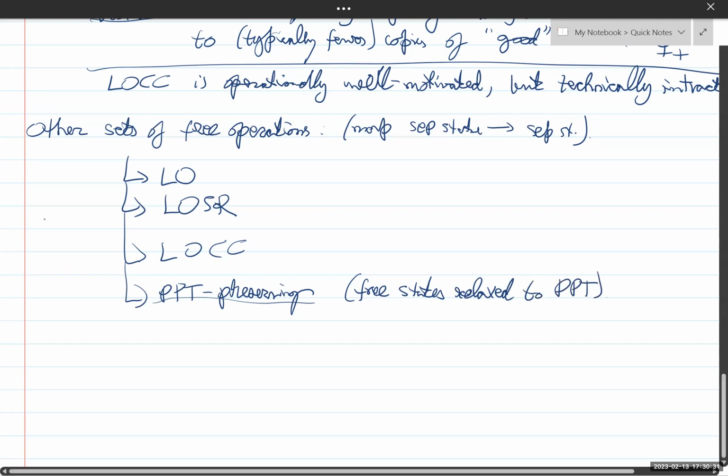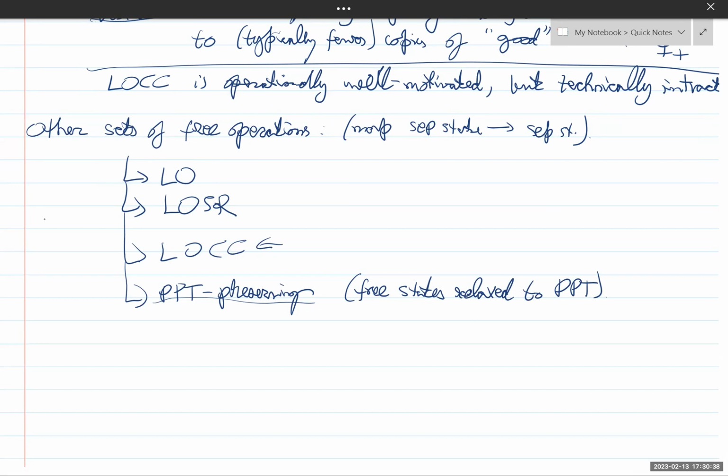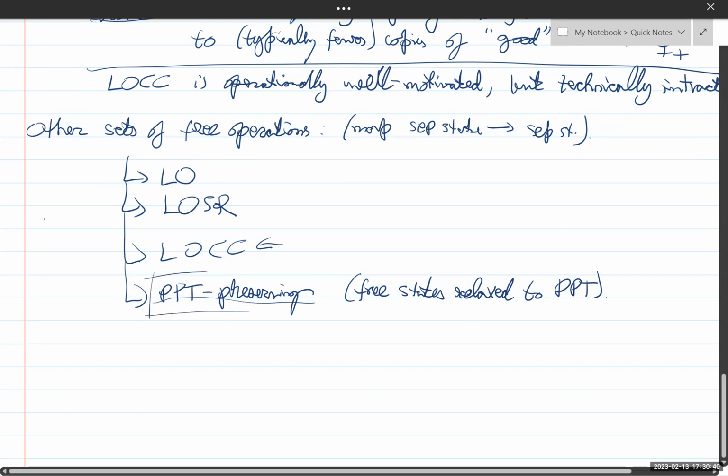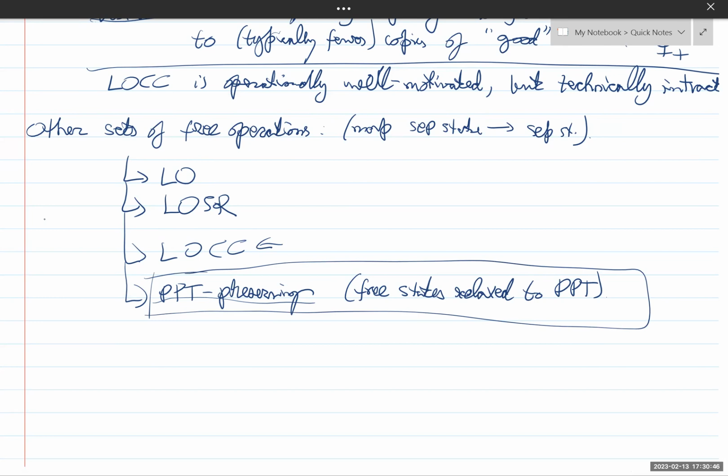Then it turns out that a lot of questions that you can ask about LOCC are easier to answer for these things because PPT is a positive semi-definite constraint. So it's amenable to semi-definite programming.